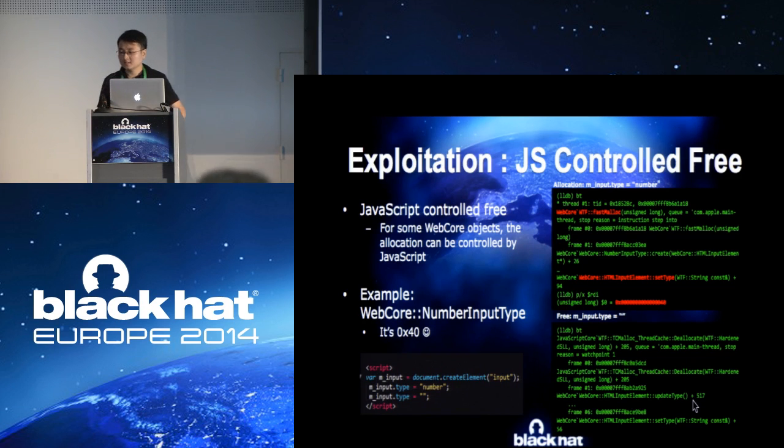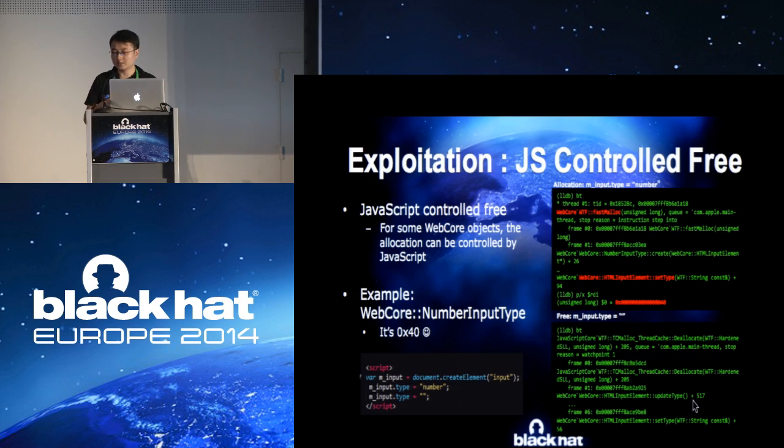So I will introduce the JS controlled free. In some objects of WebKit, the object is allocated if you set a property of that JS object, and you can free it by just unsetting that value.